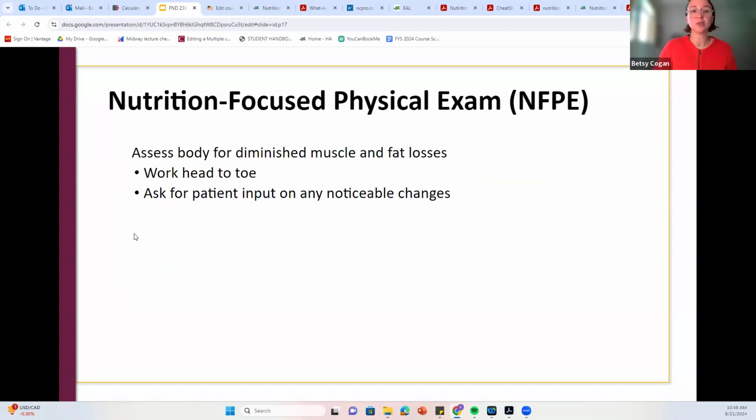So what we want to do is greet the client, ask for permission, but we want to assess them from head to toe using our eyes, but we can also do some physical measurements to get at nutritional status of the patient. So we want to include them, we want to get their input, but we can do a lot of things to assess nutritional status using the NFPE.